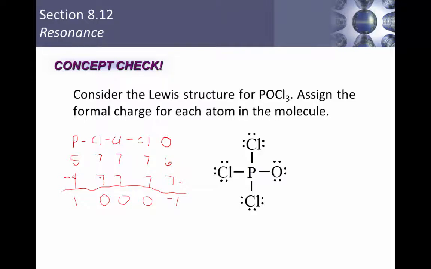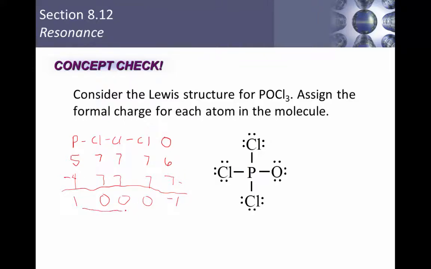Now the goal is to have all these be as close to 0 as possible, and if you have negative values, they go on the most electronegative element. So which is more electronegative, phosphorus or oxygen? We see that oxygen is more to the right, and so it's more electronegative in our trend. So this formal charge here, that's what you're looking at.